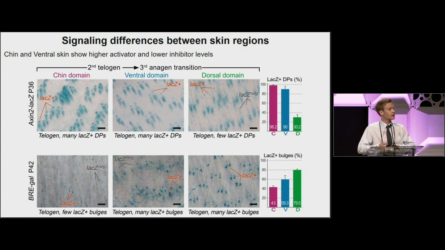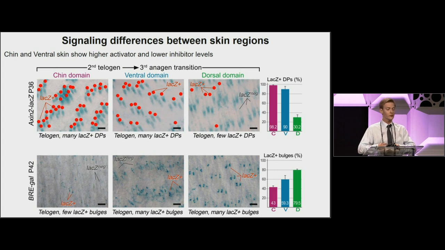To simplify it for you, here I highlighted them in red, so you can see a dramatic difference between dorsal and ventral skin. There are many more Wnt-positive telogen hair follicles in the ventral skin, while in the BMP reporter mouse, which marks BMP-positive bulge stem cells, the pattern is quite opposite, where there's a lot more BMP-active bulge regions in telogen hair follicles of the dorsal skin.